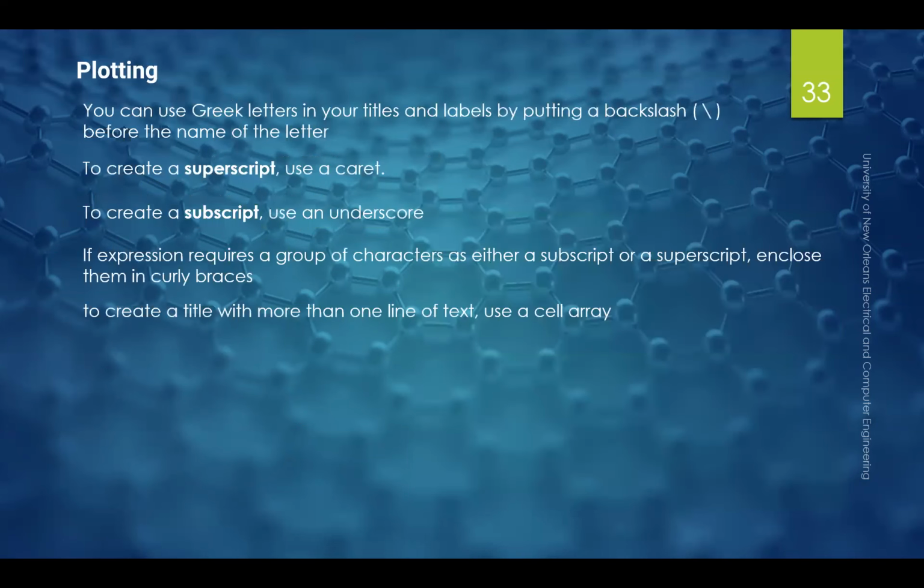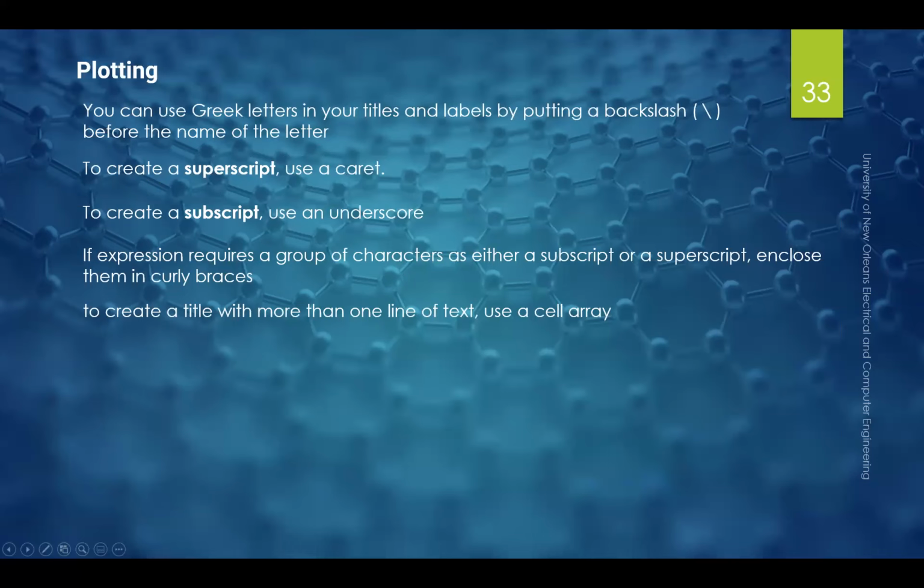All right, and one more thing you can do is you can use Greek letters in your titles or labels if you want to enhance those titles or labels with those Greek letters by just putting a backslash before the name of the letter. You can also create a superscript by using a caret, and you can create a subscript by using an underscore.